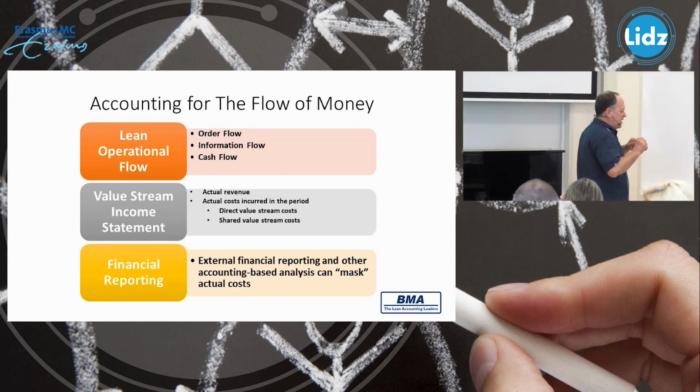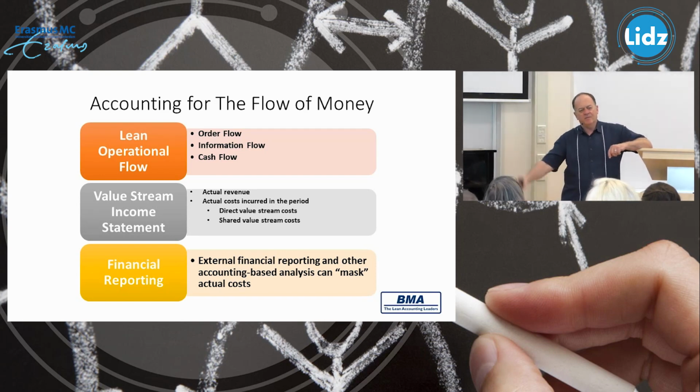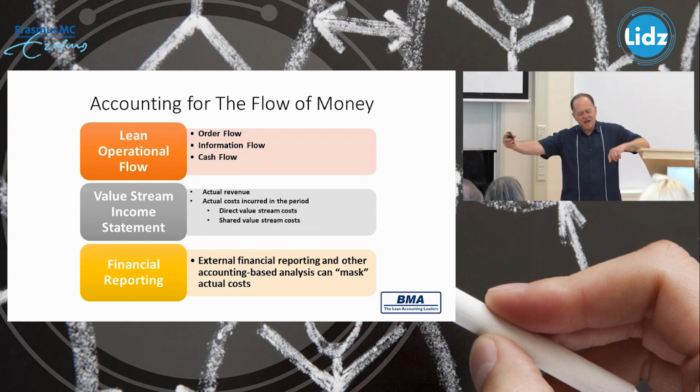Because a cost is an outcome, right? When you see a cost on a financial statement, it's an outcome of something. It's an outcome of what? A decision or the way we operate, right?